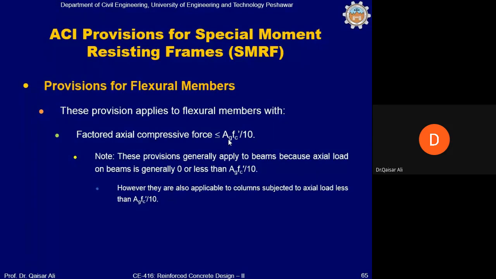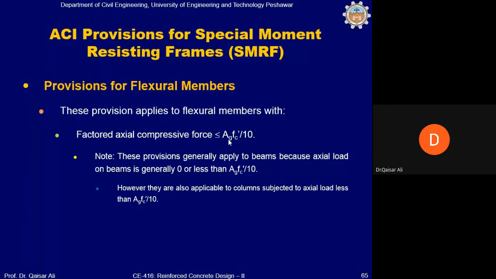However, if there is a column in a very low-rise structure, and the column is subjected to very small loads, like a frame structure supporting a GI sheet system, a roof with lightweight trusses and GI roofing.